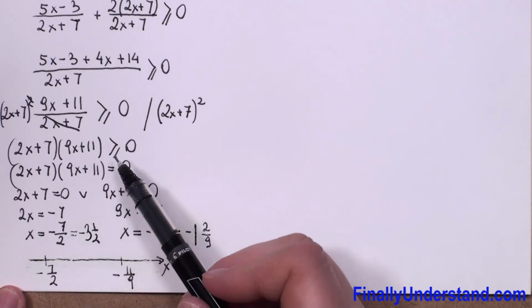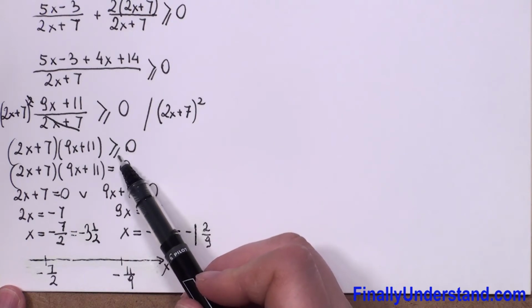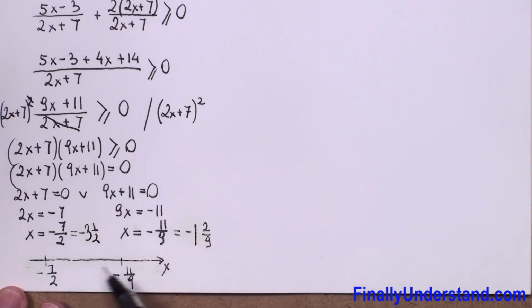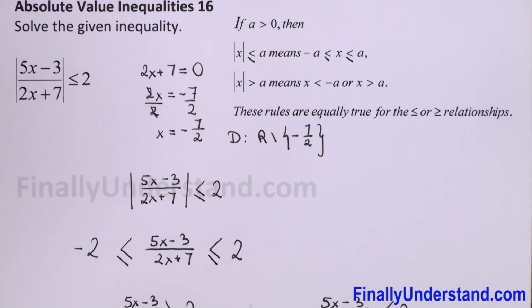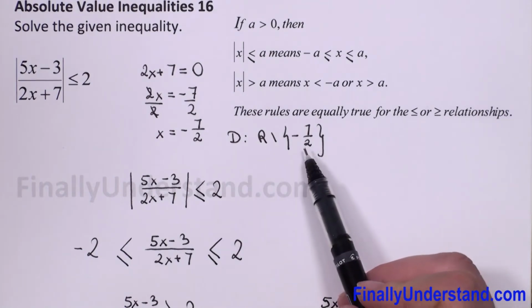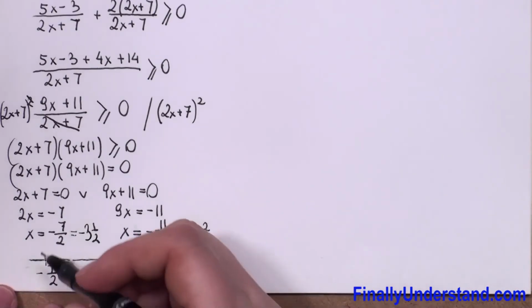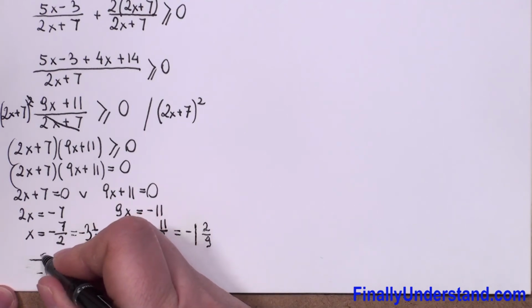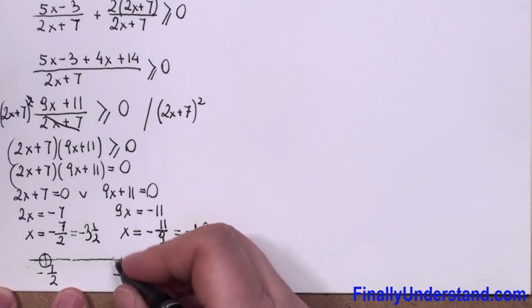Let's go to our inequality. Because we have the sign greater than or equal to, it means we have to include these roots. But we also have to check our domain. From the domain we exclude negative 7 over 2. So negative 7 over 2 will be excluded, but negative 11 over 9 will be included.